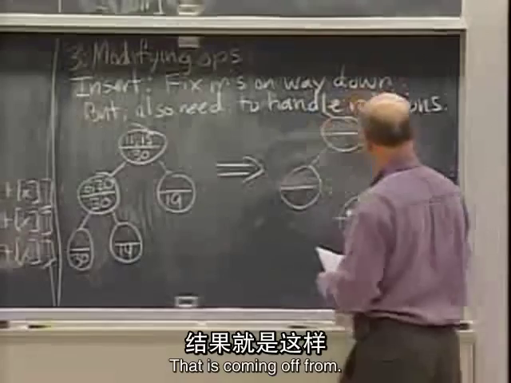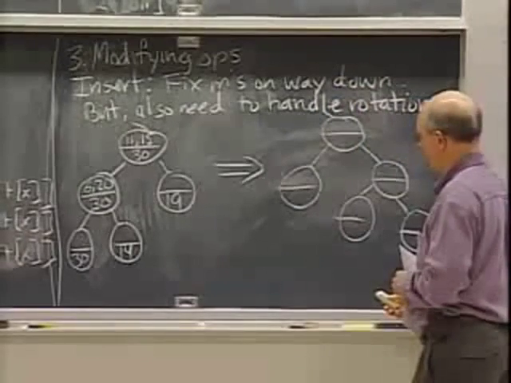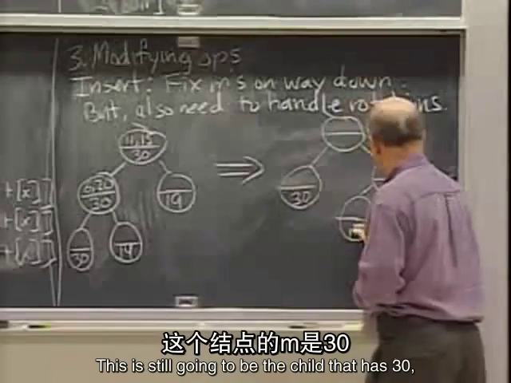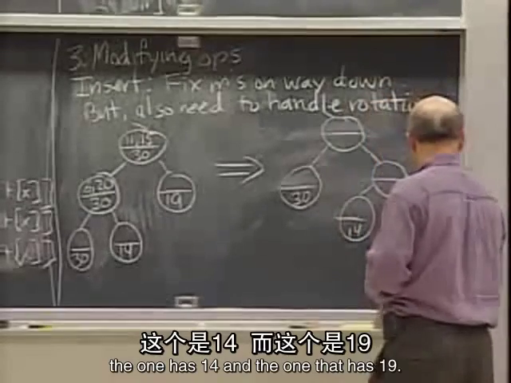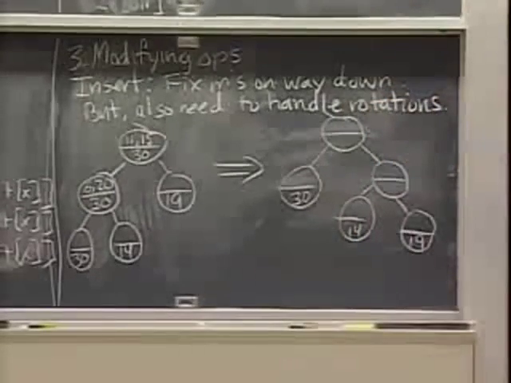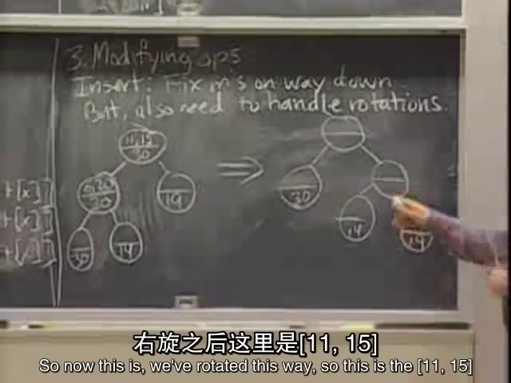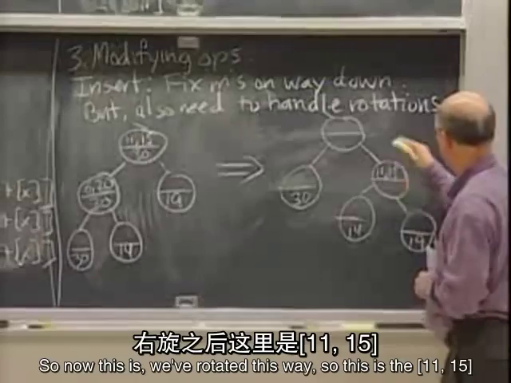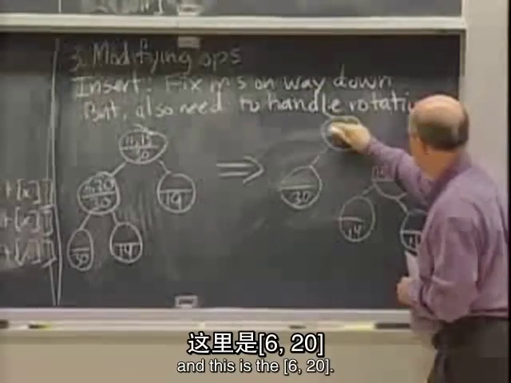So this is still going to be the child that has 30, the one that has 14, and the one that has 19. And so now we've rotated this way, so this is the 11, 15, and this is the 6, 20.